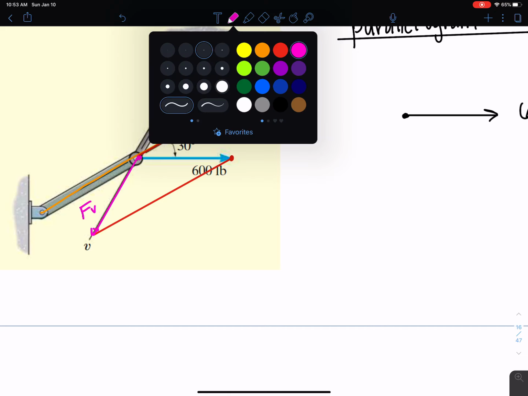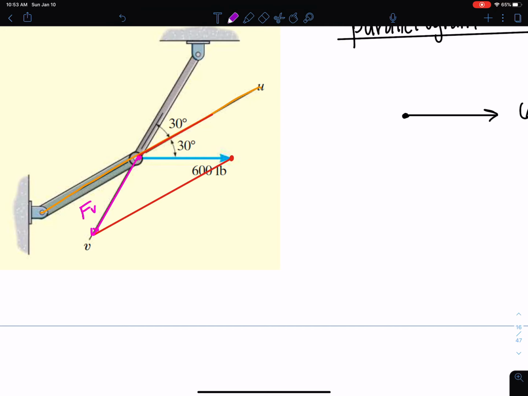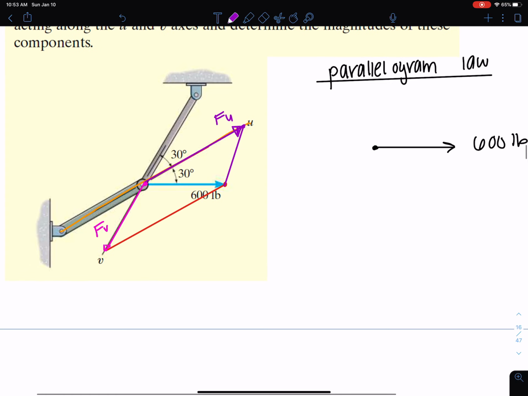Then I would draw a parallel line from this point to the v axis, and this would be my F sub u. So I know that 600 is the resultant.